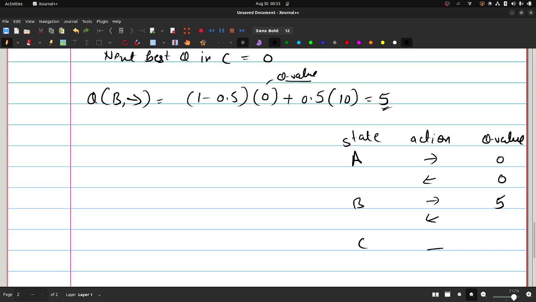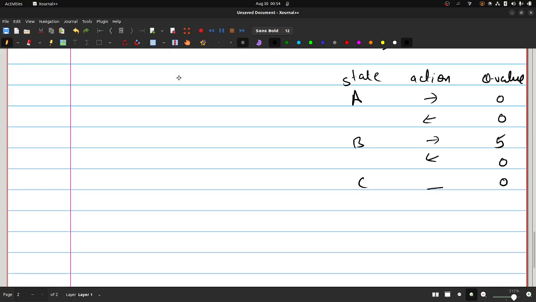And when it takes a left action, it will be 0. For C, it will still be 0. So we have updated our Q table.